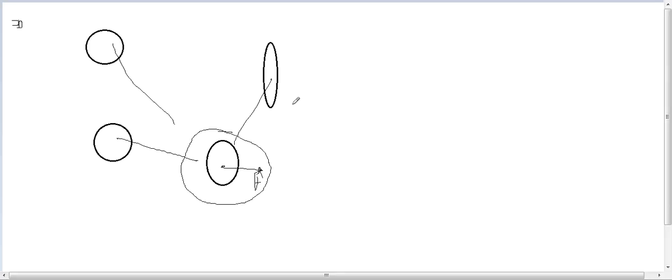Suppose these forces are F1, F2, F3. Then F net is equal to vector F1 plus F2 plus F3. People call it the superposition of forces. I am not interested in telling the name of it.